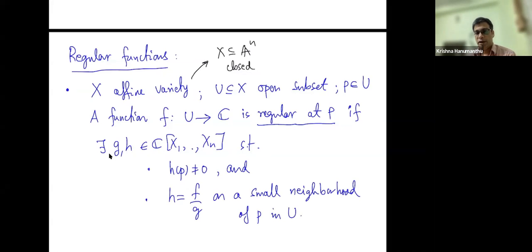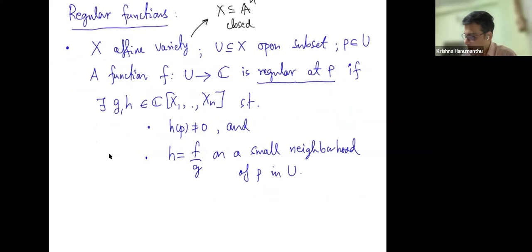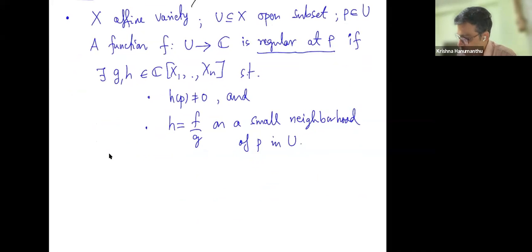By which I mean, there must be a small neighborhood, we have a topology, a small neighborhood of P in U, such that f actually is defined as a ratio of polynomials. What you should keep in mind is that regular functions are ratios of polynomials. That is basically the summary of this.